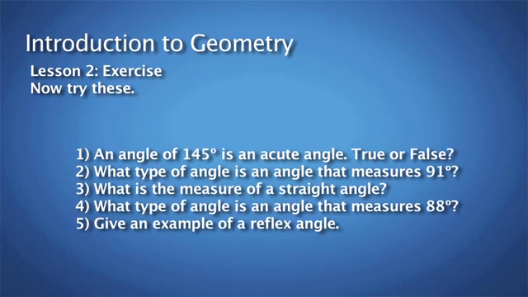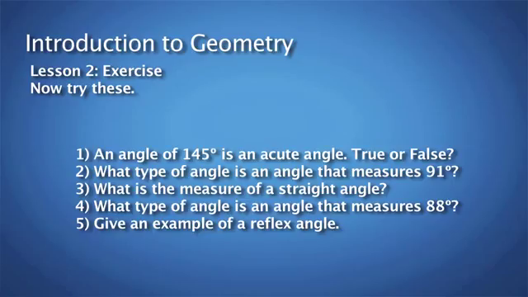Let's try out this exercise. Question 1. An angle of 145 degrees is an acute angle. True or false? Question 2. What type of angle is an angle that measures 91 degrees? Question 3. What is the measure of a straight angle?